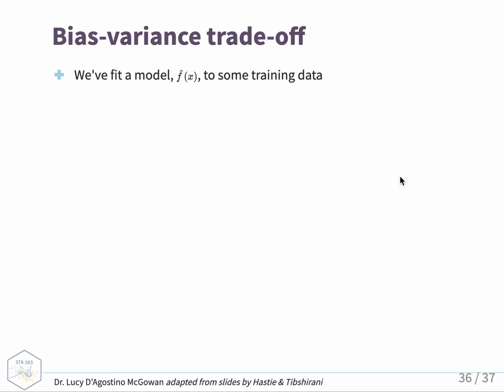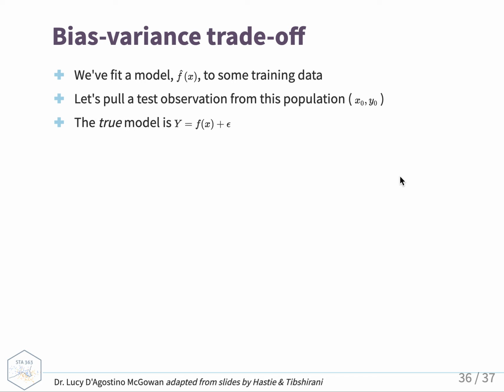Basically, we fit some model f hat to the training data, and then we're going to pull a test observation from this population, for example, x0 and y0. The true model is y equals f of x plus epsilon. And so we're trying to get at this f of x, which is the expectation of y given x.